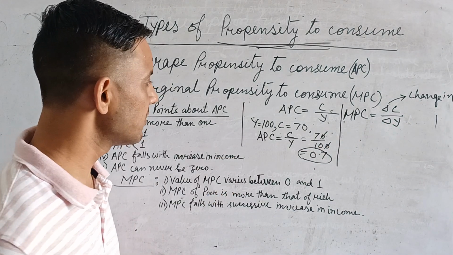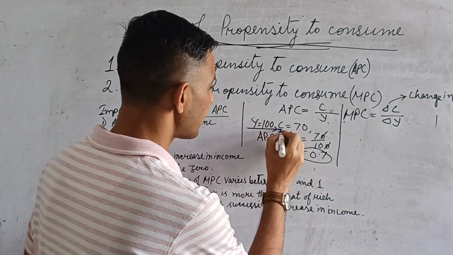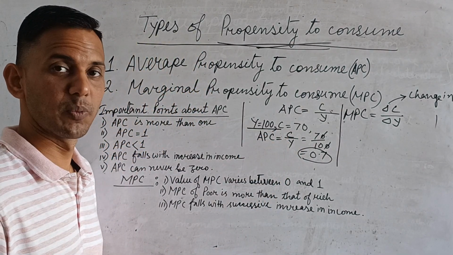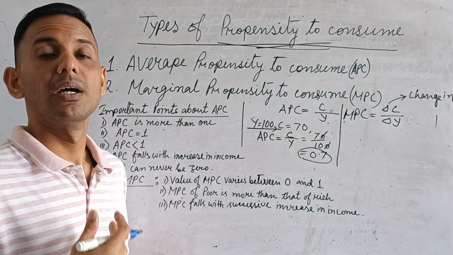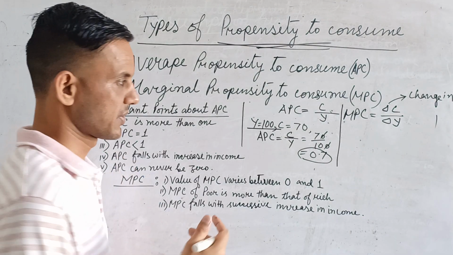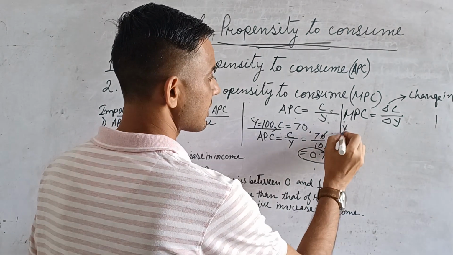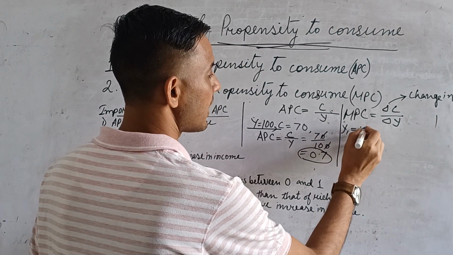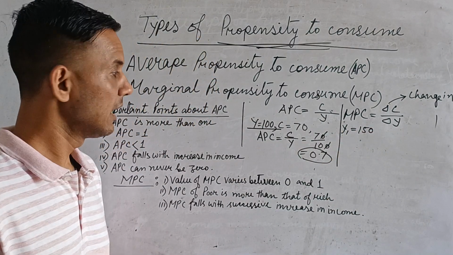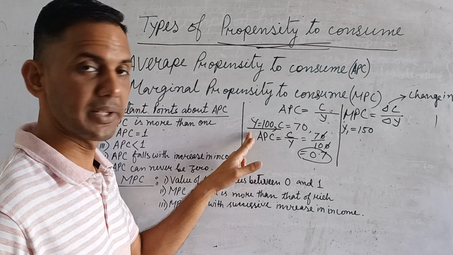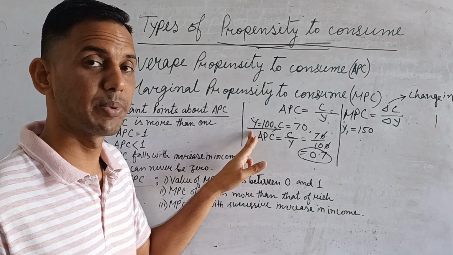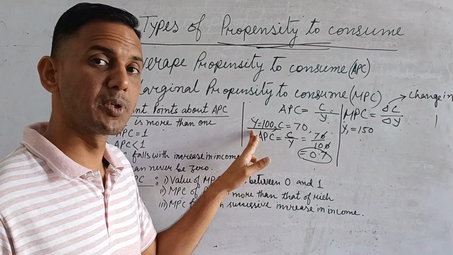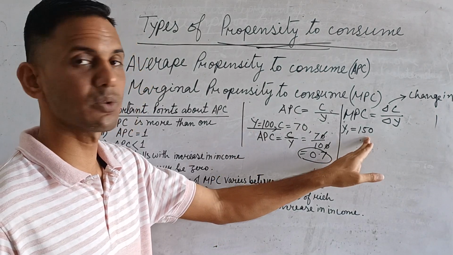Now you see, for example, before your income was 100 rupees, now your income increased by 50 rupees. So your income is 150. Got it? Your income was 100 rupees and now increased by 50 rupees, which means your new income is 150.